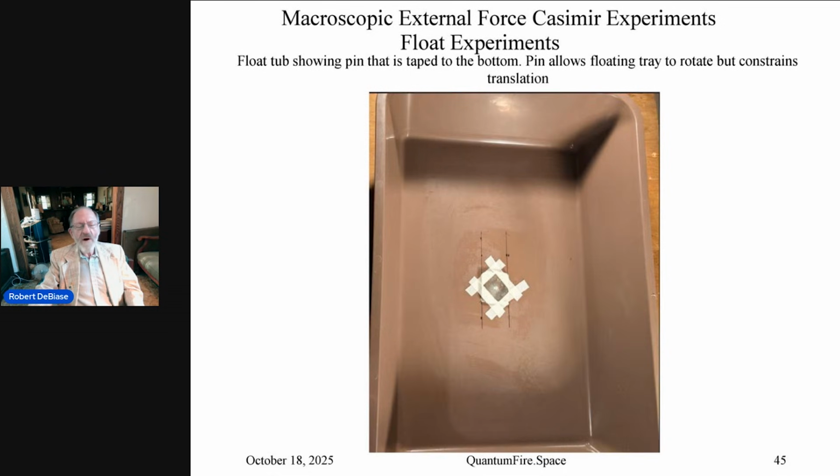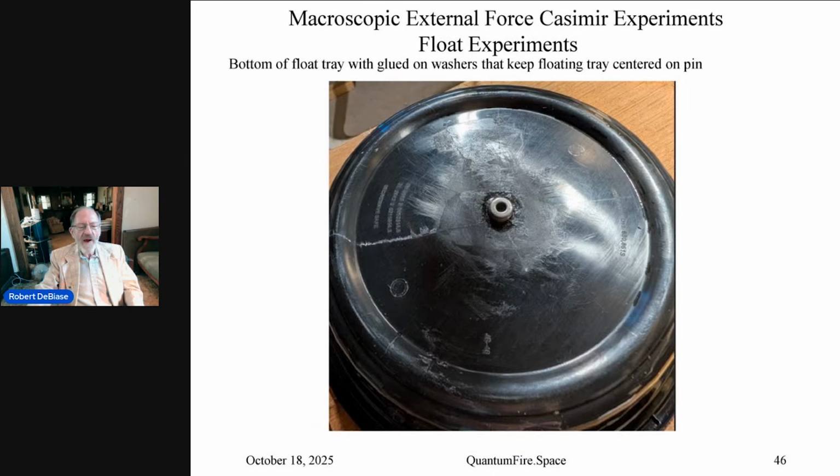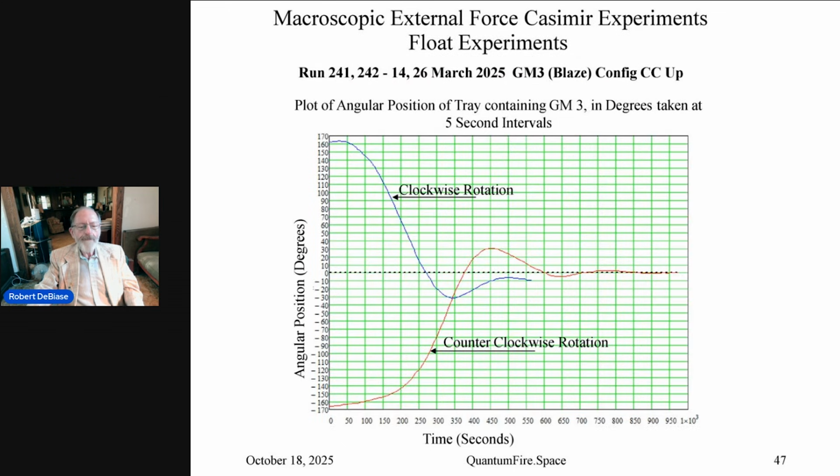Now, at the bottom of the kitty litter thing, I have a pin that I have attached to the bottom. And associated with that, on the bottom of the tray, there are some washers that I glued on, which will allow the tray to rotate, but it won't allow it to translate.